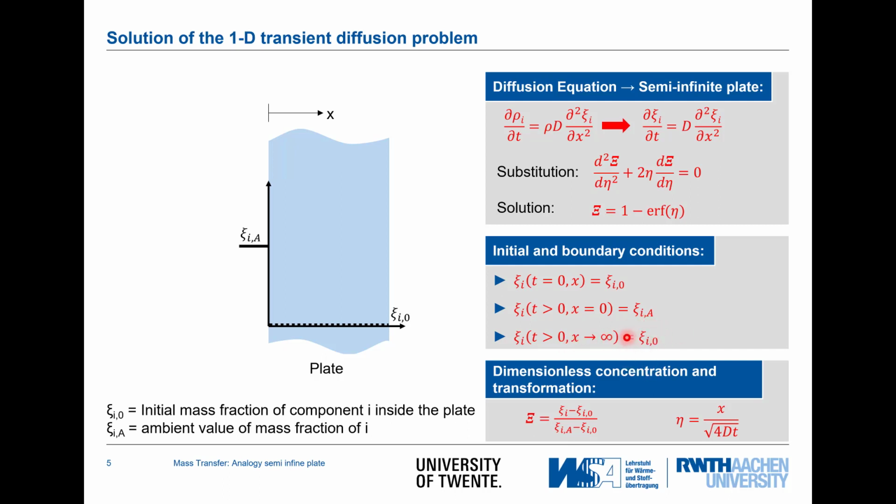That's the semi-infinite boundary condition, saying that we have to maintain the right-hand side of the plate at xi_i,0, then we can use any plate and consider it as a semi-infinite object. However, when the concentration here would deviate from the initial value, then we cannot use the solution anymore.